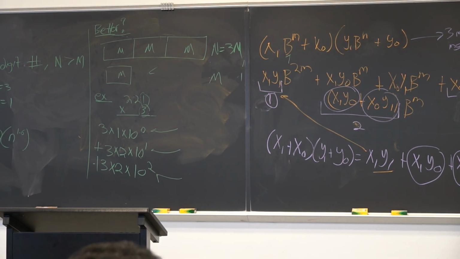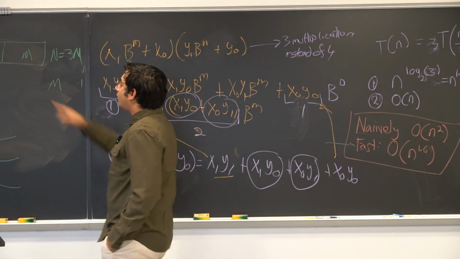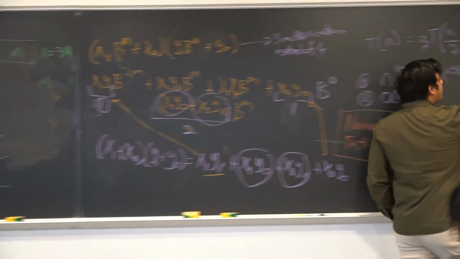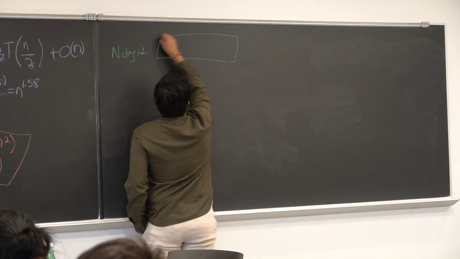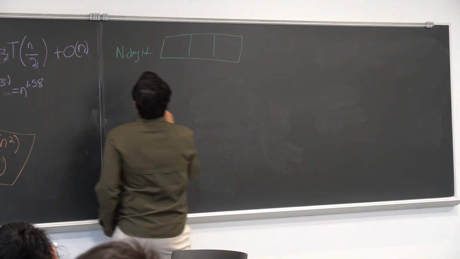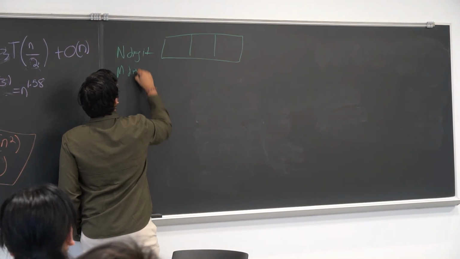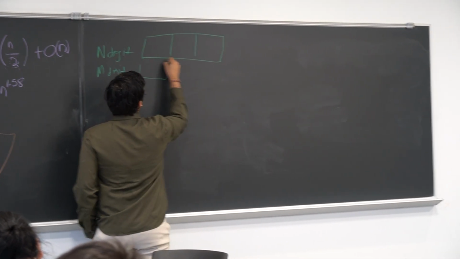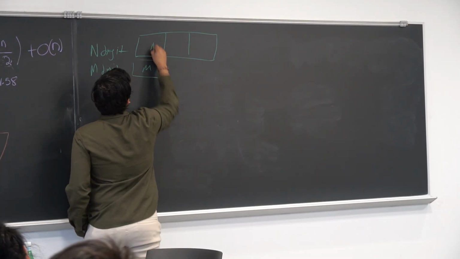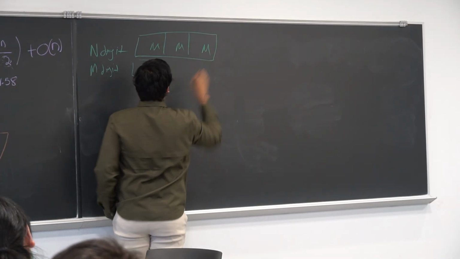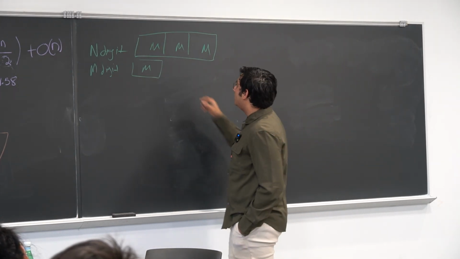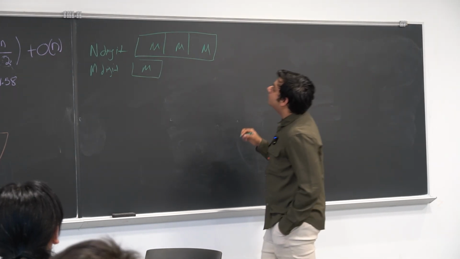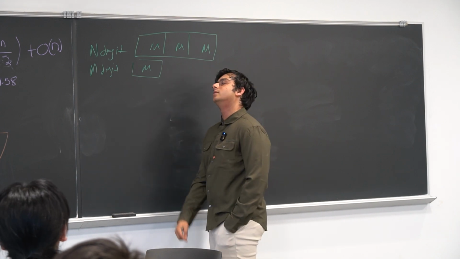So now we have the same problem. We have an n-digit number, so n digits, and we have an m-digit number here. So our algorithm can be, how do I want to index this?